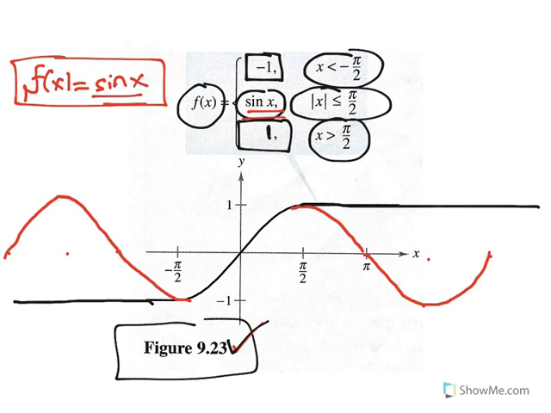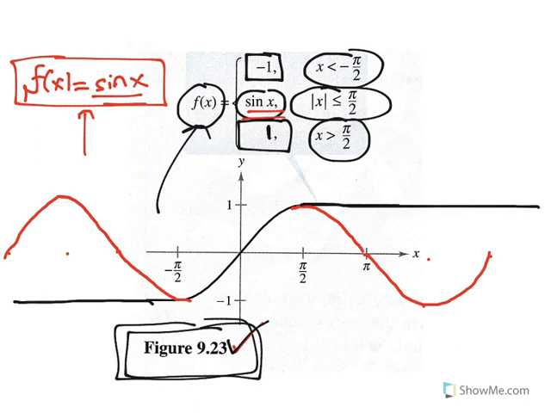So yesterday, we derived a Taylor series centered at 0 for the function f of x is equal to sine x. If we were to instead derive the Taylor series centered at 0 for the function f of x from figure 9.23, we would in fact get the same Taylor series. Why is that?